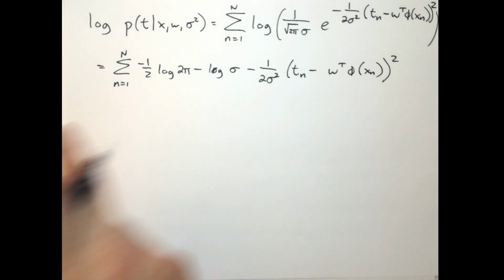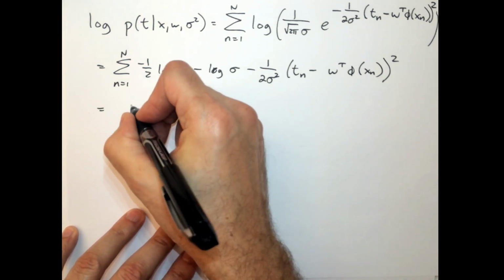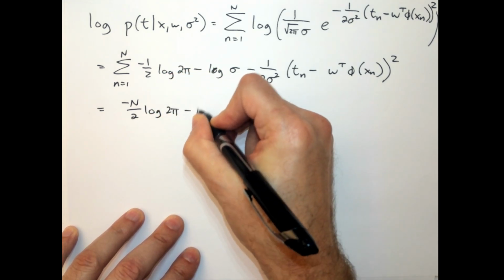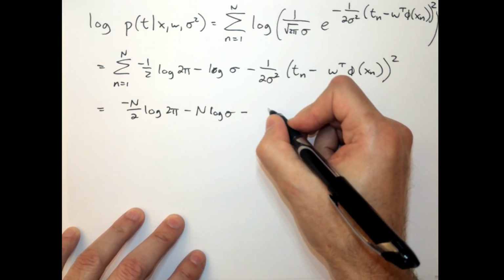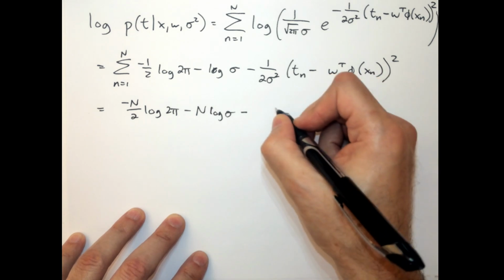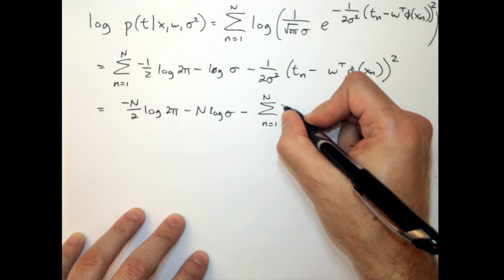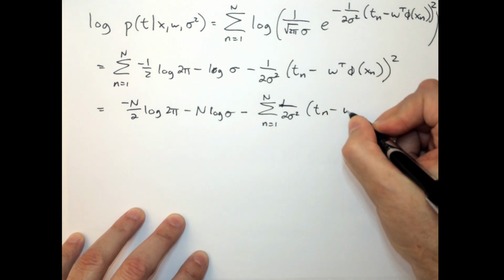And again, since I have N of these measurements, there's going to be N times this first part, N times this log of sigma. And then I'm going to have the sum of 1 over 2 sigma squared times this.